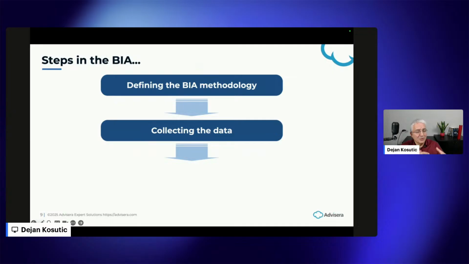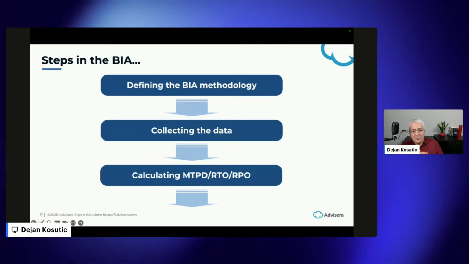So you have to do these questionnaires to collect all of this data for each of these departments, right? And then once you have this data, you actually start calculating this MTPD, RTO, and RPO. And then again, I'll show you this in another slide, how to calculate this.